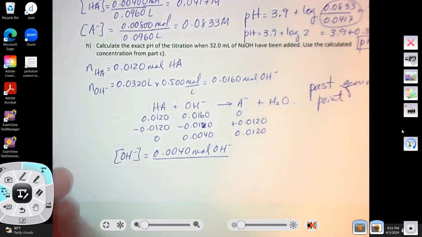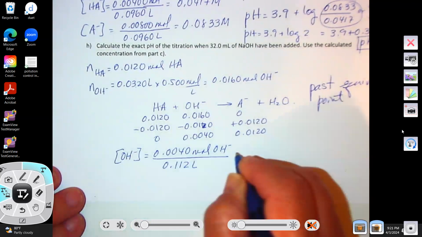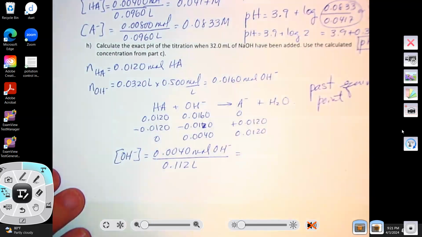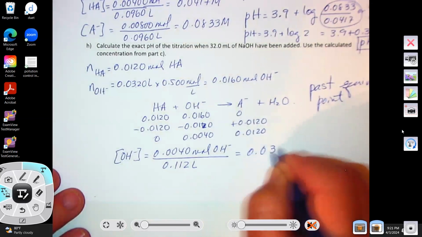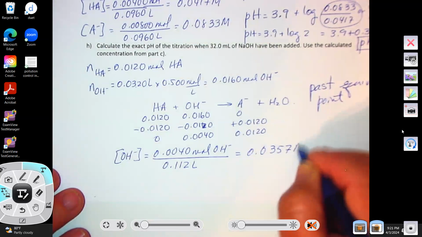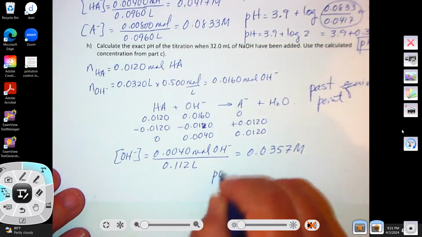So 80 plus 32 gives you 112 milliliters. So 0.004 divided by 0.112 gives you 0.0357. That's your molarity.